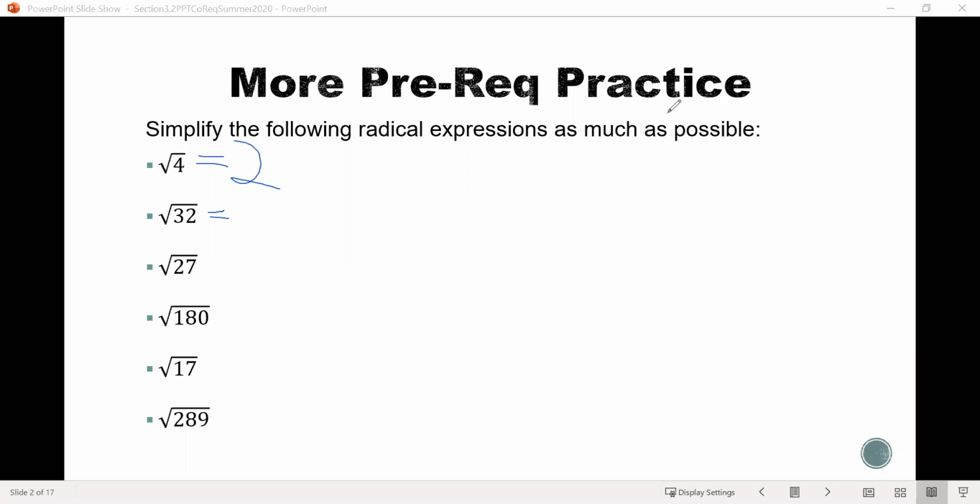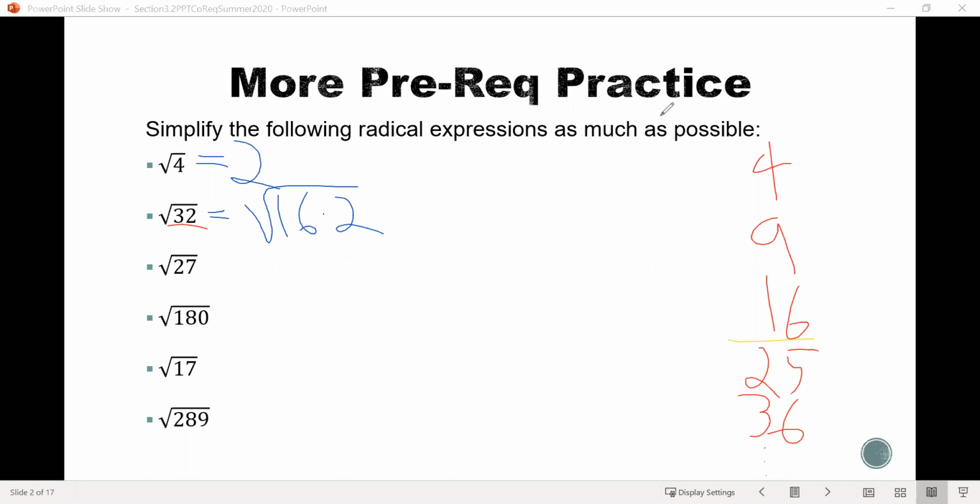So what we can do instead is think about what is the largest perfect square. Again, I'm going to write these off to the side: numbers like 4, 9, 16, 25, 36, and so on. What is the largest of those numbers that goes into 32? The answer in this case would be 16, and we know that 16 times 2 gives us 32. So under the root, we rewrite 32 as 16 times 2.